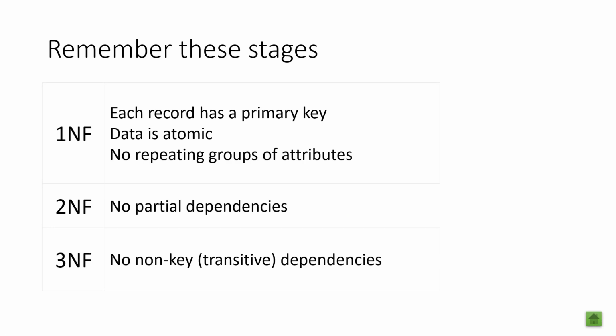Remember these stages, people. In first normal form, each of the records in your table has to have a primary key. Has to. Can you do that? Probably. Data in each cell should be atomic, right? Atomic. Now, atom, single, right?